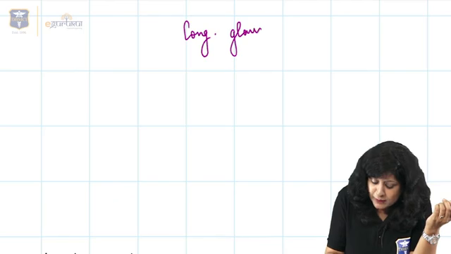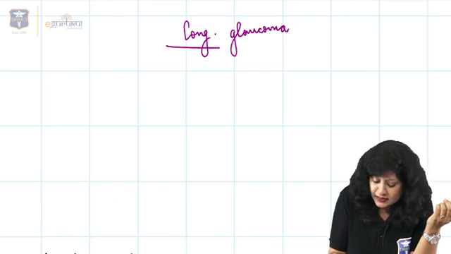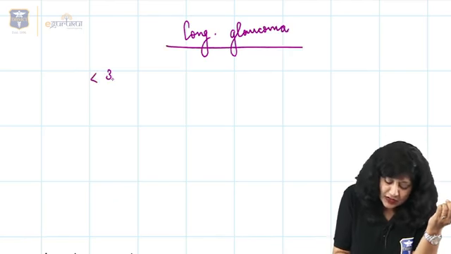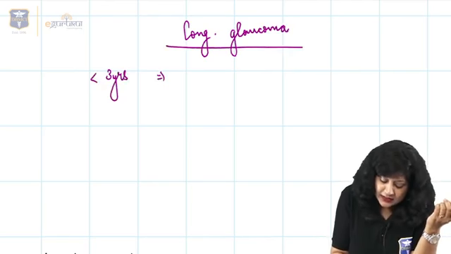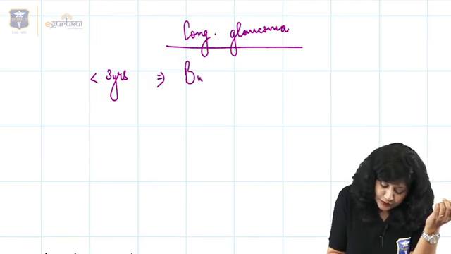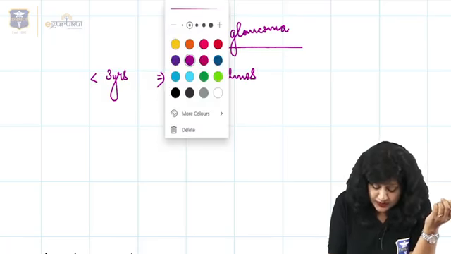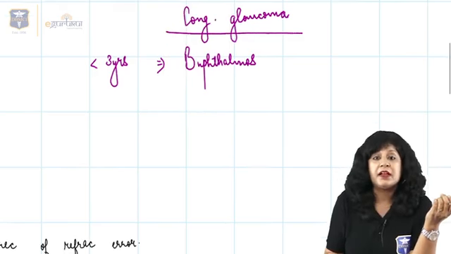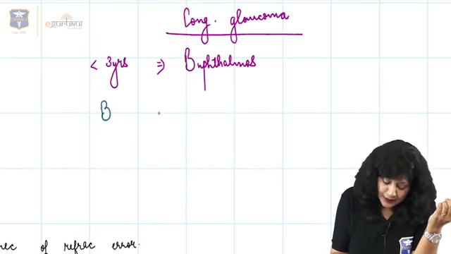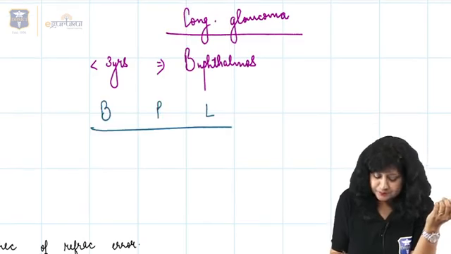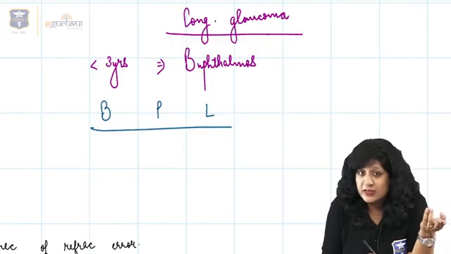So, if you remember, if the congenital glaucoma takes place less than 3 years of age, then it is called as the buphthalmos. Then this patient is going to present typically with the classic BPL triad, that is called as your below poverty line.